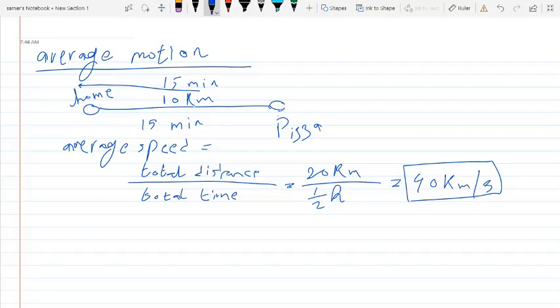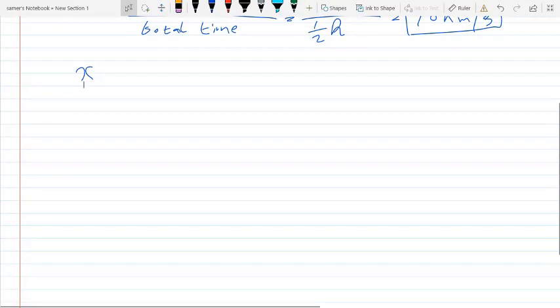Now, to describe your motion more precisely, we introduce x, and x in this case gives your position.